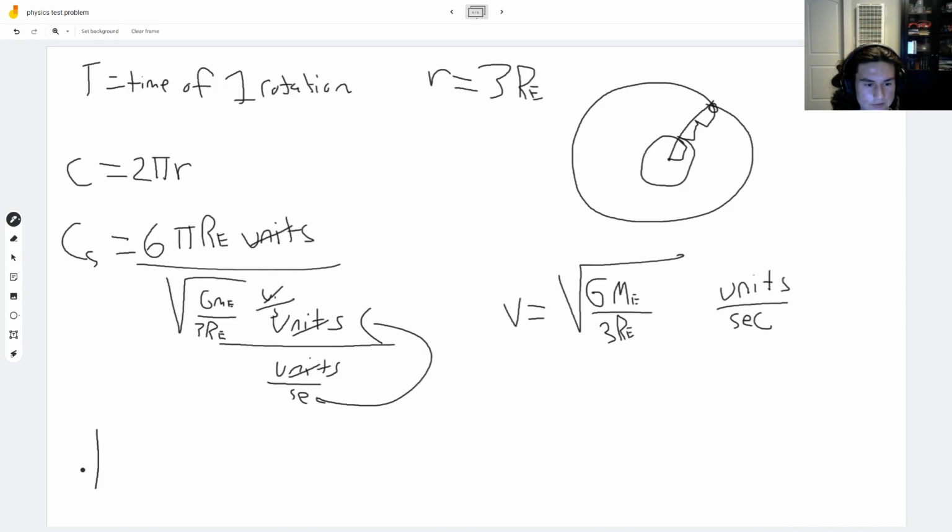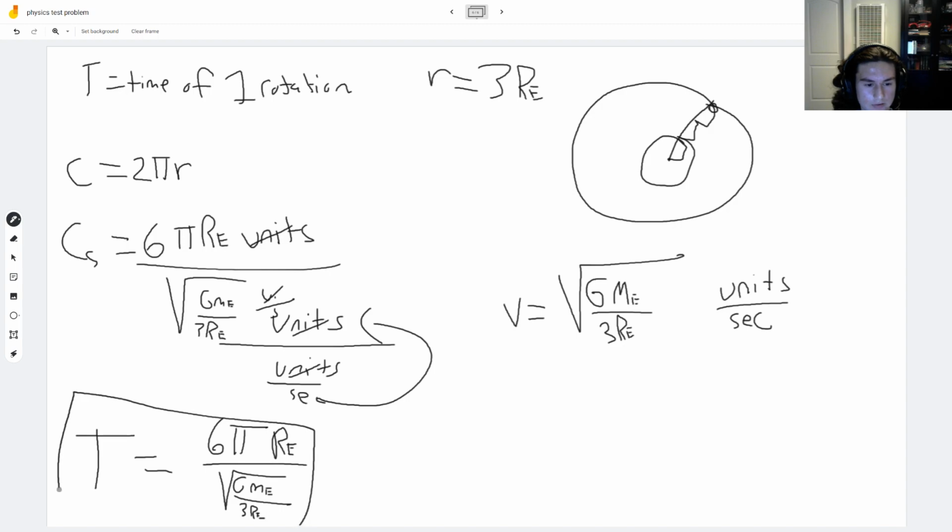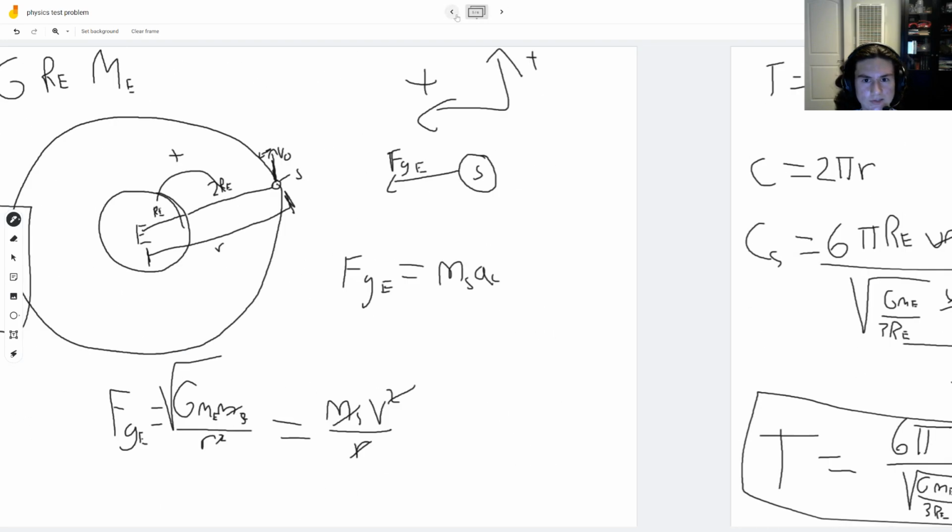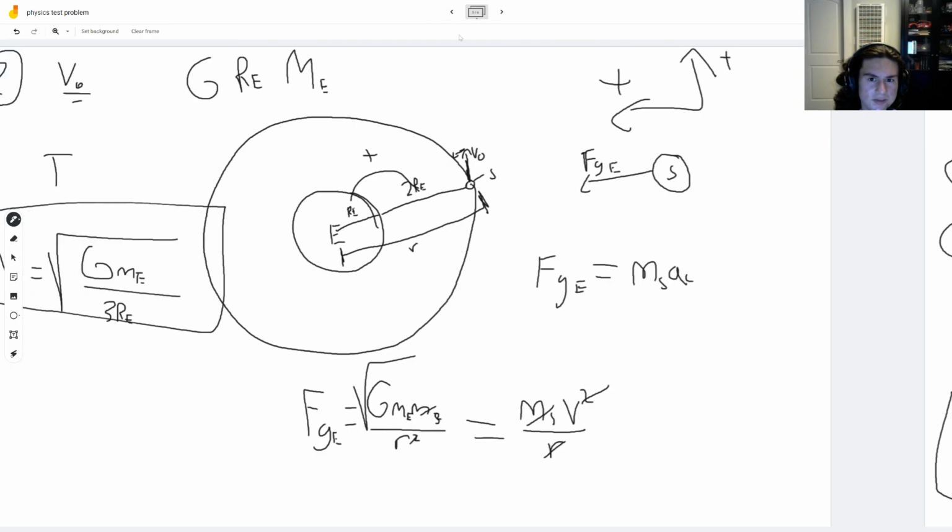So our final answer is time period equals 6 pi radius of Earth over the root of G mass of Earth over 3 radius of Earth. So that is our final answer. We can say seconds. It's some time period, probably seconds, given we're using big G, which is the gravitational constant. So yeah, that's basically the whole test.